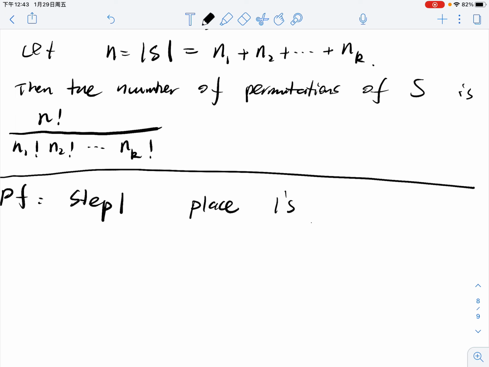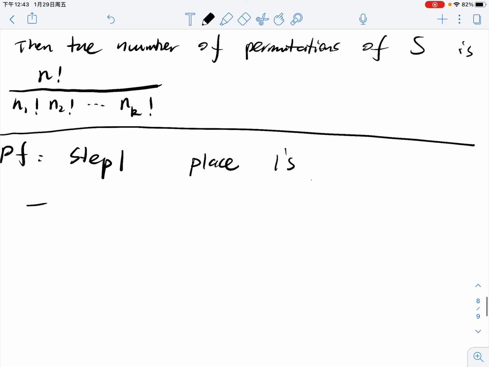You have n positions and you need to choose n1 positions to put in 1.